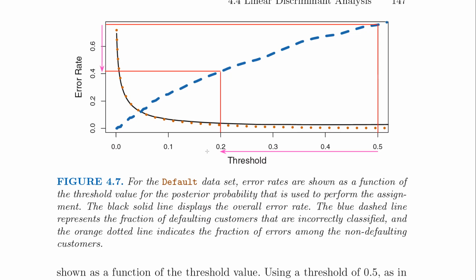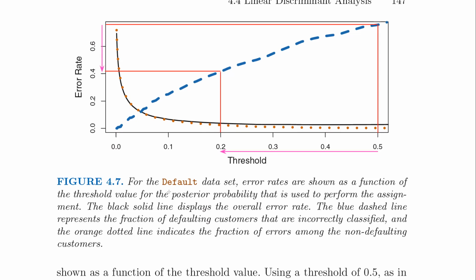The error rate on those who default, not the overall error rate, the error rate when it comes to predicting which customers default. This is what we're really interested in. And again, there's always this kind of trade-off. I wonder if the other curve is the customers that do not default. And as you move like this, the error rate is increasing.